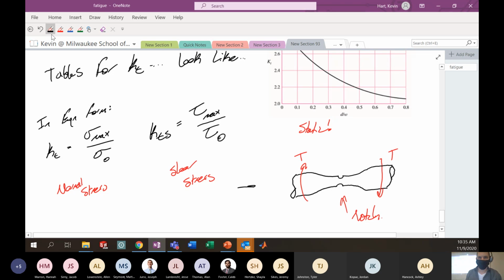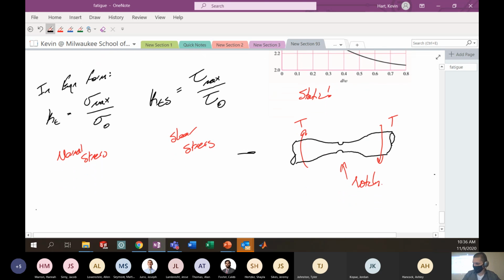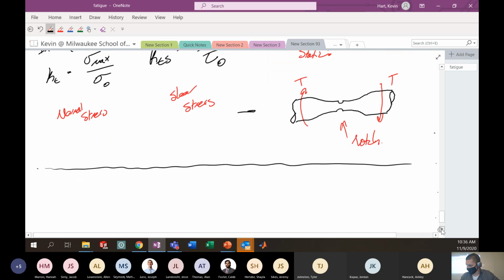We want to have some stress amplification factor, some stress concentration factor that works the same way but with fatigue. So that's the static conditions. Let's talk about fatigue.